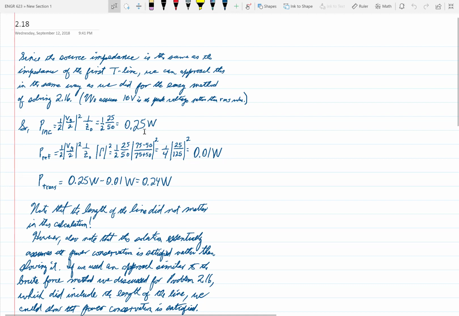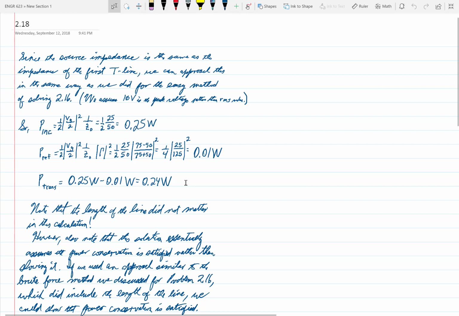And so if 0.25 watts is what's incident on that second transmission line, and 0.01 watts is what's reflected, then we can conclude right there, if we assume that power conservation works, and of course there's no reason to suspect that it would not, that the power transmitted into the second transmission line is 0.24 watts, and we're done with this problem, except for one thing.